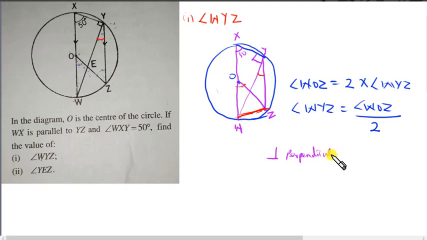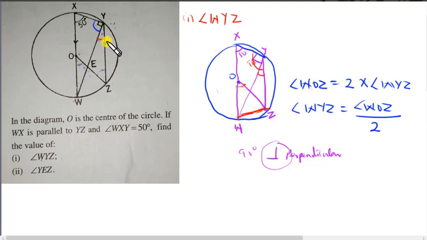So when you see this symbol, it stands for 90 degrees. So the angle here is 90 degrees. Let me indicate that with a blue arc here. So the angle covering here is 90 degrees because of that symbol. All right, so that is one way that we can find WYZ, by finding WOZ and halving it to get WYZ.